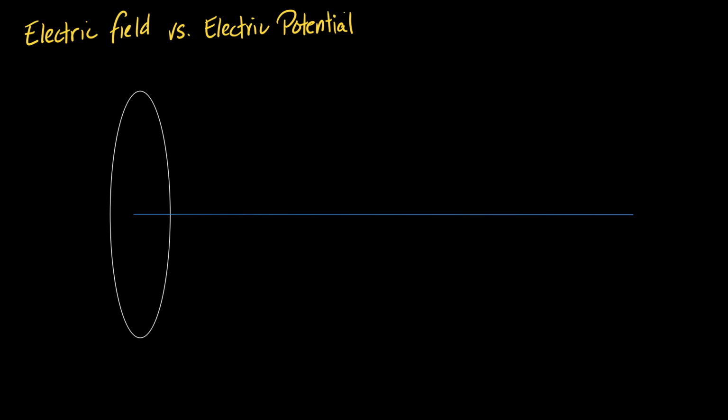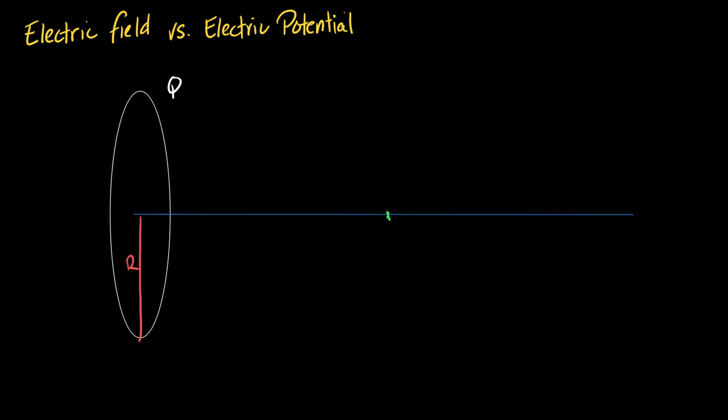So we had a ring of charge, total charge Q, and it had a radius of R, and we were located someplace on this line. And you were asked to find the electric field and the electric potential a distance z away from the center of the circle. That was the problem. Do you guys remember it?